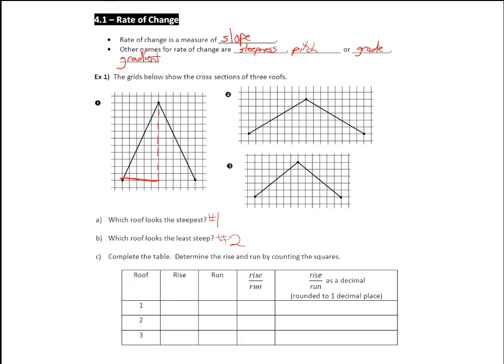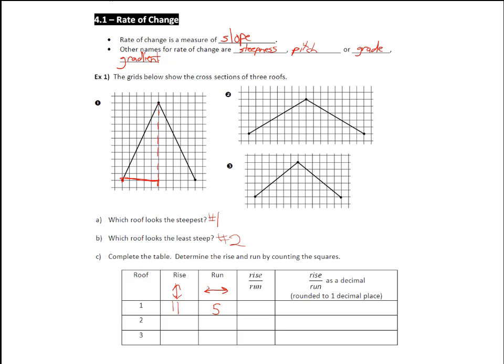Rise is up and down, that's your vertical. Your run is horizontal, and we're only counting from one of the sides to the midpoint for the run. That's how you get rise over run. So we have the rise is 11 if you count them out. If you count the squares horizontally, you should get 5.